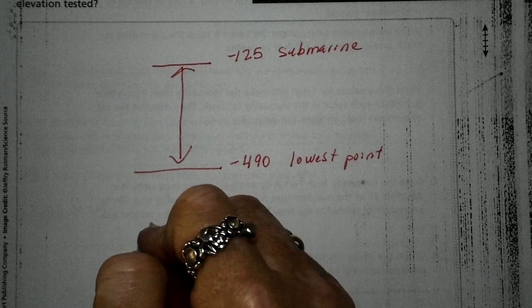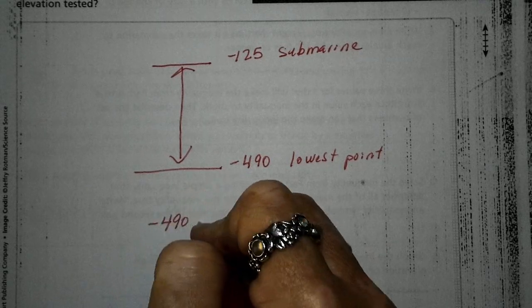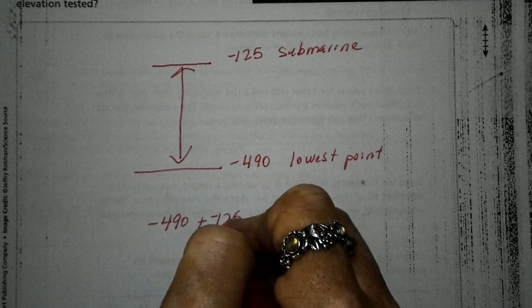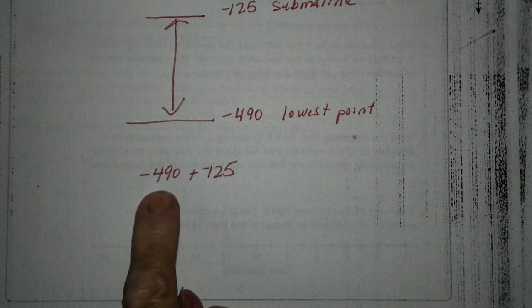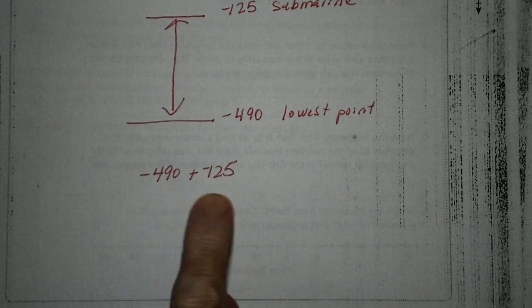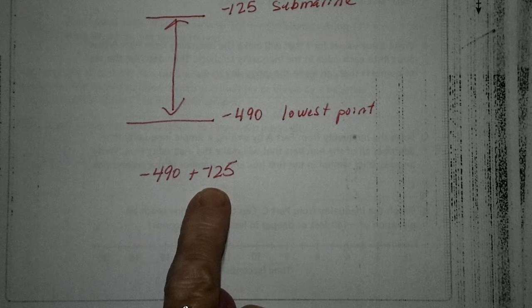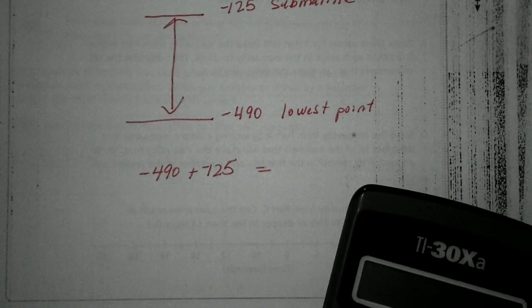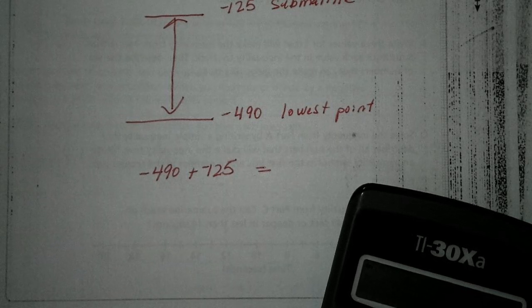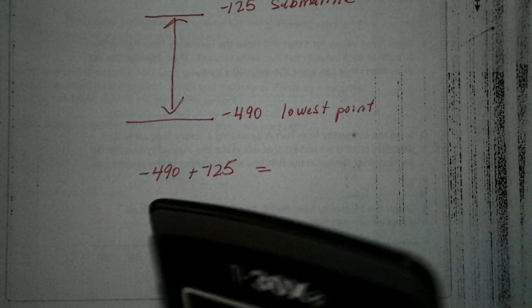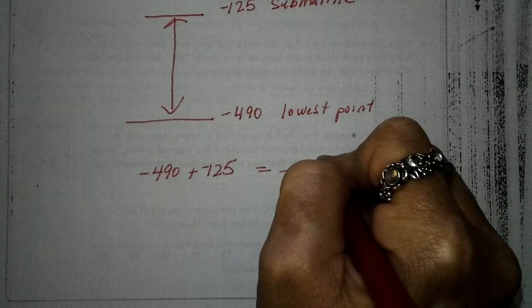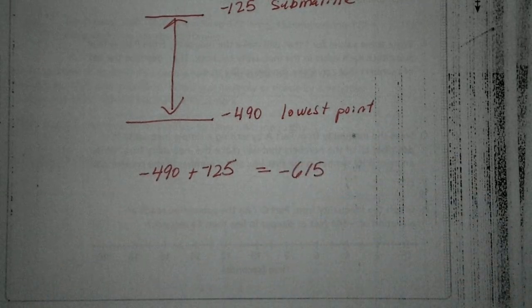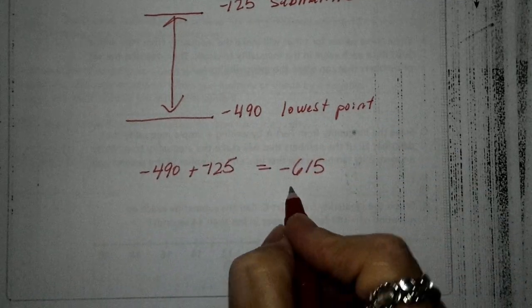So let's think about it. If I add them, negative 490 plus negative 125, what do I get? 490 plus 125, I get negative 615. Can I have this number?